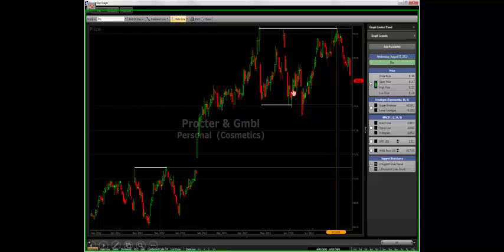If it bounces off, more times than not, it'll continue to go up until the next area of resistance, the previous area of resistance. So if you see price coming down and hitting support and bouncing up off, that's bullish because it'll typically continue to rise. So that's one buying opportunity.